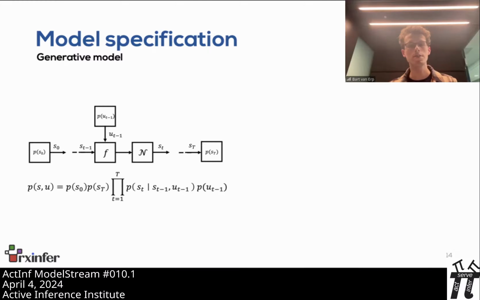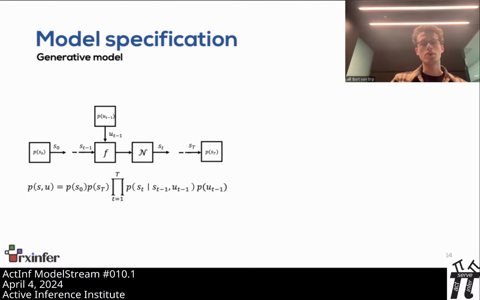The variables S in this example correspond to the state of the agent, so that contains the position of the agent in both x and y, and the velocities also in the xy direction. Furthermore, this state also contains the angle and the angular velocity to make life a bit simpler. U in this case corresponds to the actions, so the actions that we want in the end to also infer.